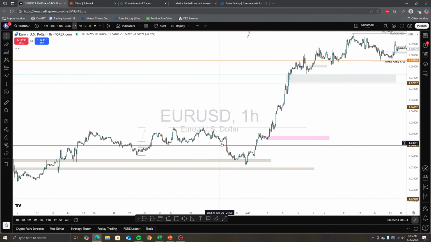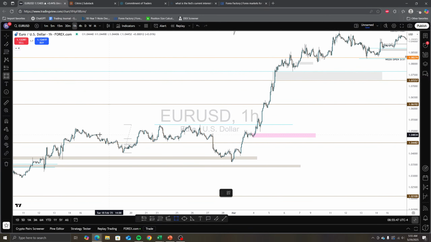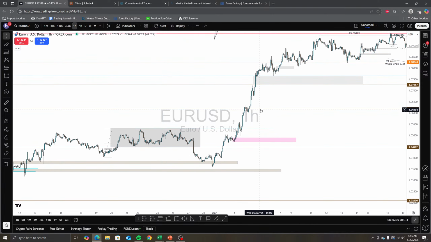Because look right here, no one knew what was going to happen around this level. All of this was just like, damn, I don't even know what's going to happen in the future. Am I going to go up? Am I going to go down? And then finally they're like, oh, you know what? Maybe I know what I'm going to do. Okay, let me position myself. So they came lower, positioned themselves to go higher.